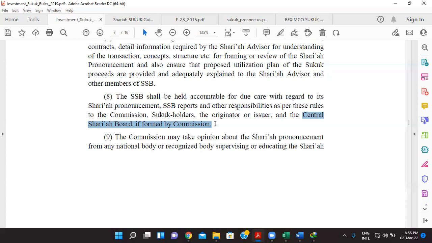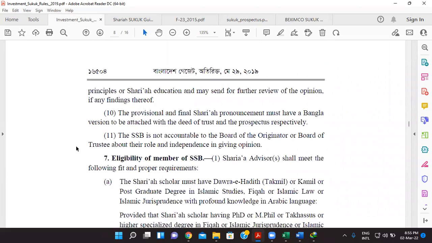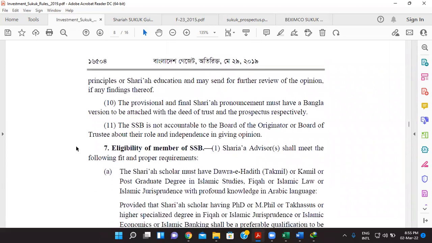The Central Shari'ah Board of Islamic Banks in Bangladesh, the authority with which I made you familiar in the previous class, was developed by the Bangladesh Bank, not by the Bangladesh Securities and Exchange Commission. So the Commission may take opinion about the Shari'ah pronouncement from any national body or recognized body supervising or educating the Shari'ah principles or Shari'ah education, and may send for further review of opinion.